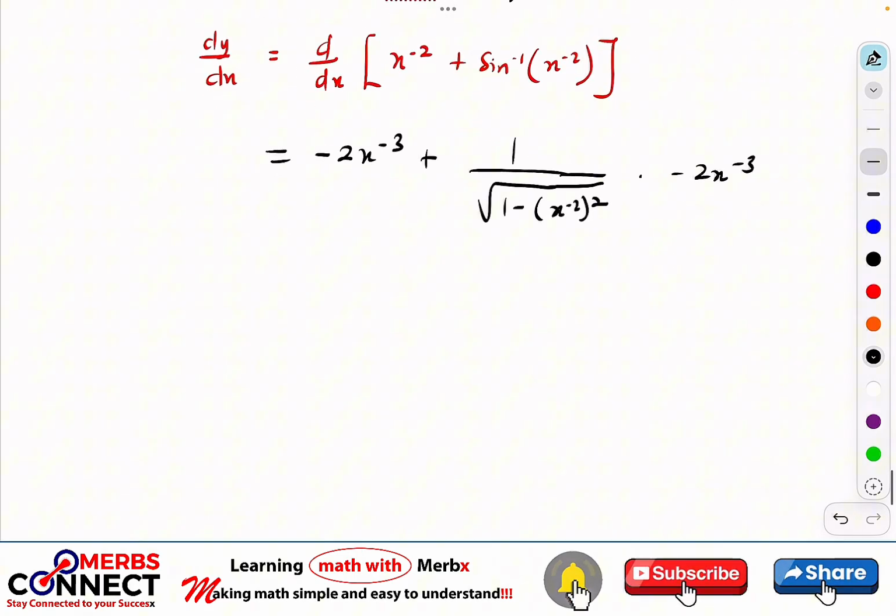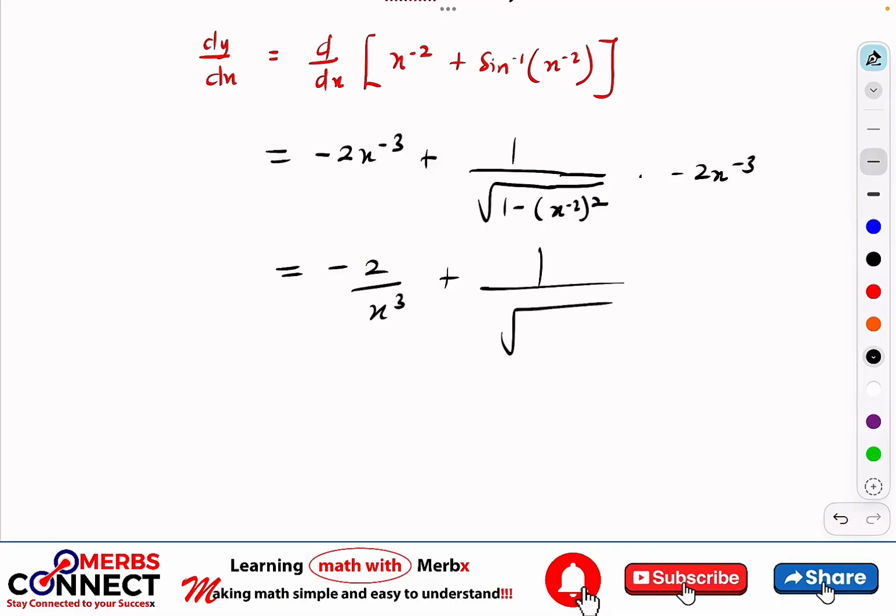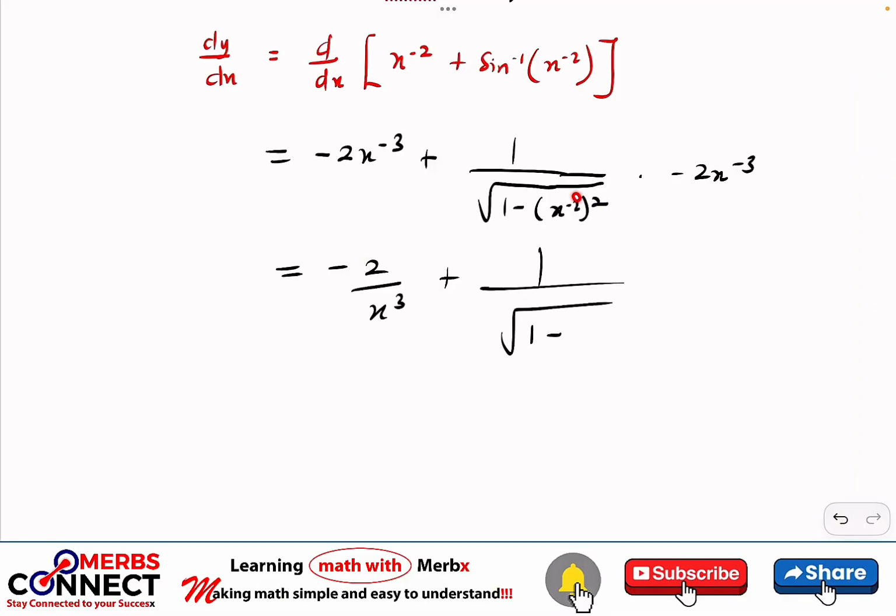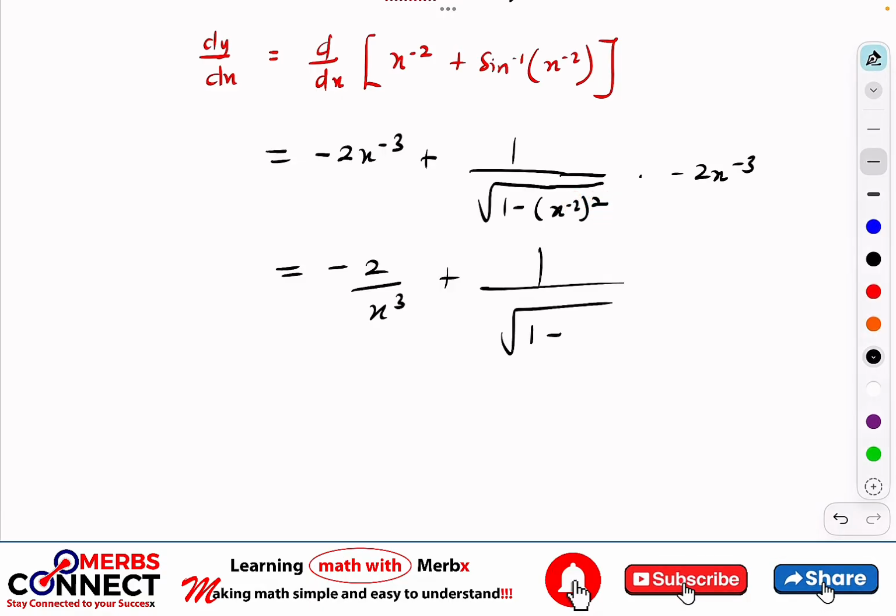If you want to simplify this, you can see this one as minus 2 divided by x to the power 3 plus 1 divided by 1 minus, so I can multiply this by this and have x to the power minus 4. And this is the same as minus 2 divided by x to the power 3.